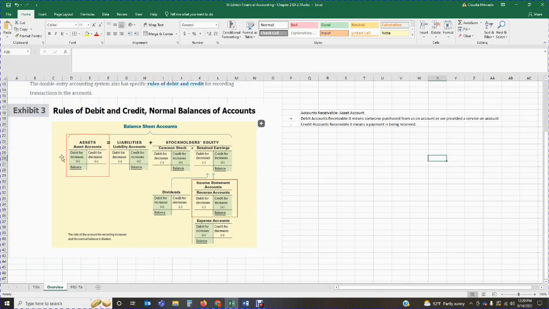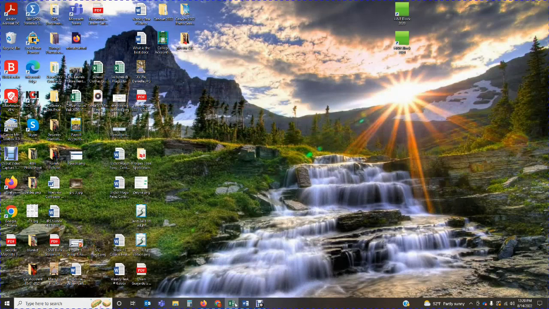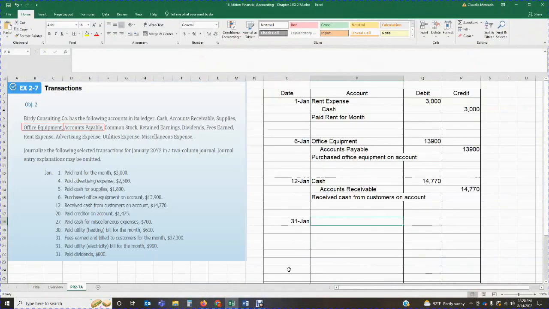We need to set up a receivable, and remember, if someone purchased something on account from us, or we provided a service on account, I need to debit my accounts receivable. So accounts receivable would have to be debited for 37,300.